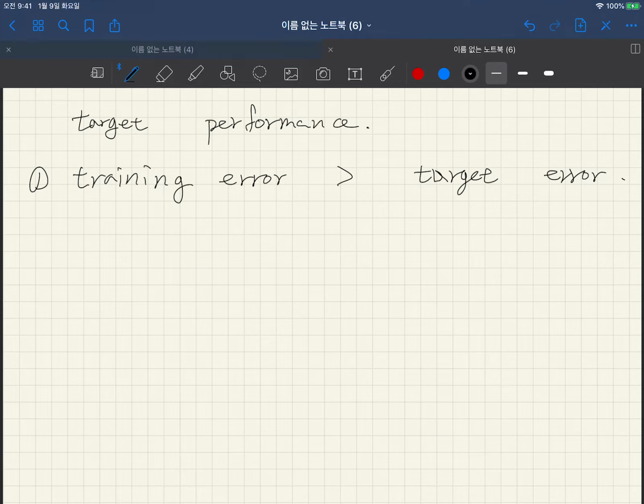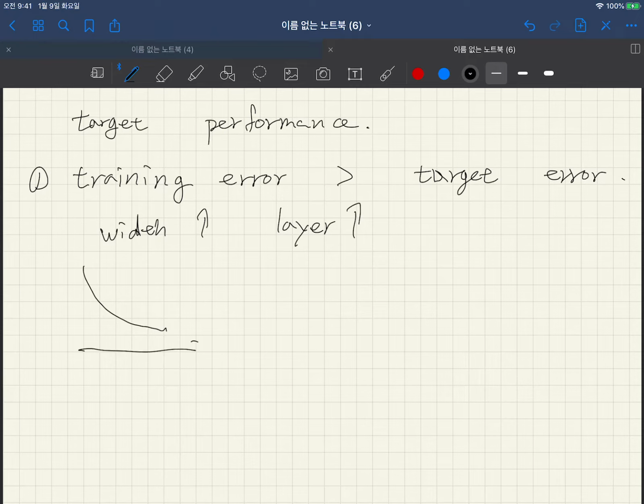To improve the training performance, we usually can consider 2 directions. The first one is to increase the width of your neural network. The second is to increase the number of layers. You can increase the number of neurons, or you can increase the number of layers. Both are fine. With both approaches, you can expect some decrease of the training error curve.